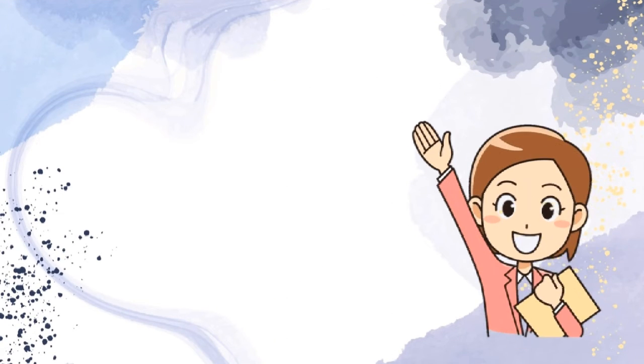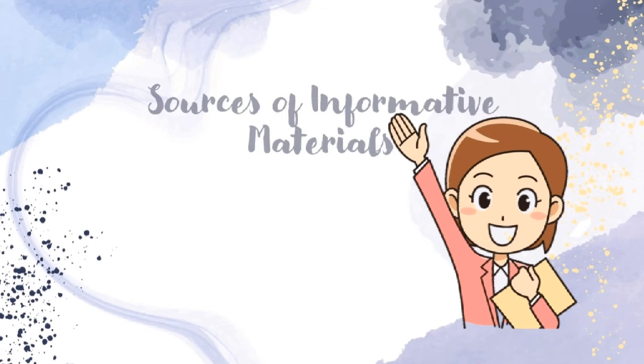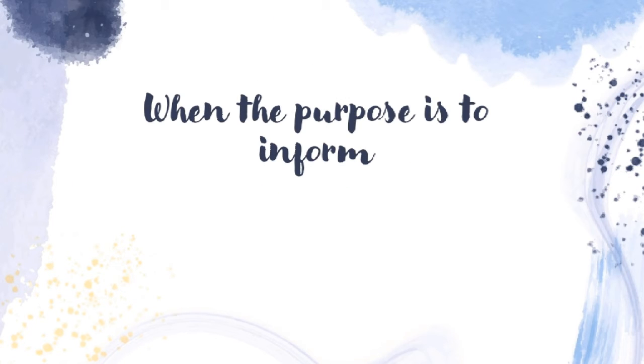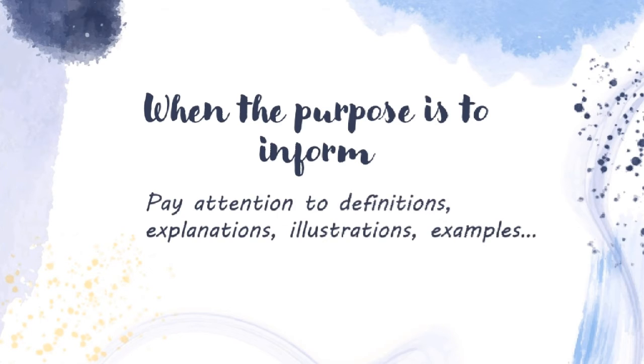You may often read informative passages in the textbooks, newspapers, journal articles, and so on. When you detect a passage is informative, your goal as a reader is to learn the information. For that, you need to pay attention to any definitions, explanations, illustration, examples, and so on.